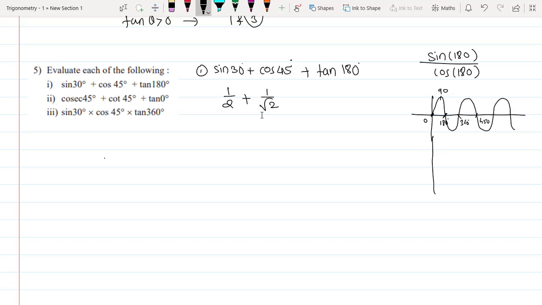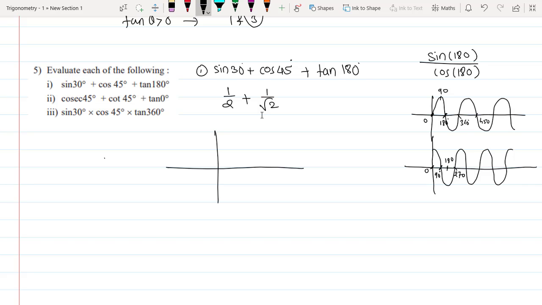What about the cos? Cos is like this: 0, this is pi by 2 which is 90 degree, this will be 180, and this will be 270. Remember this, we will draw the figure simply like this.